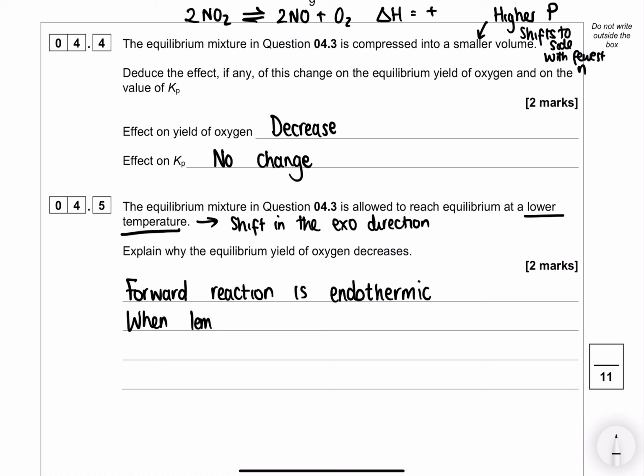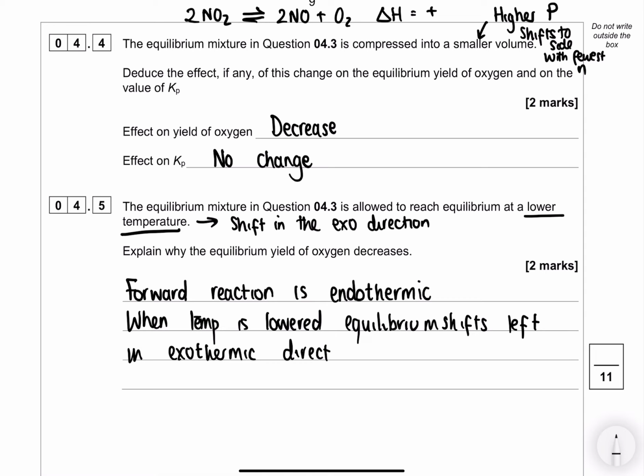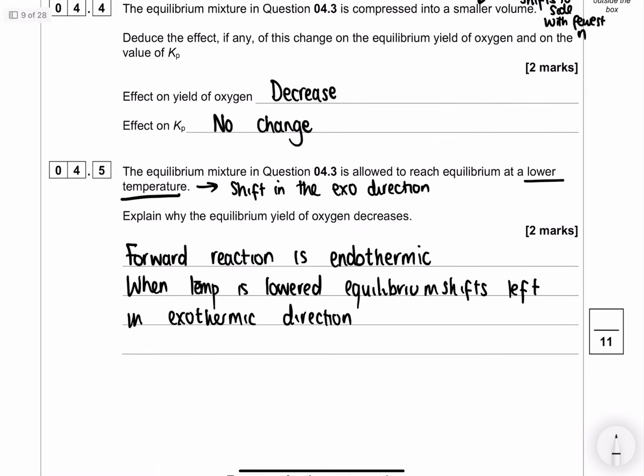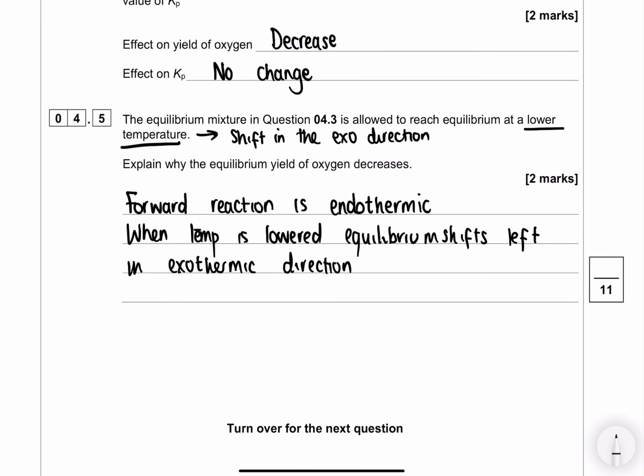When temp is lowered, equilibrium shifts left in the exothermic direction to oppose the decrease in temperature. And that is why we got less oxygen.